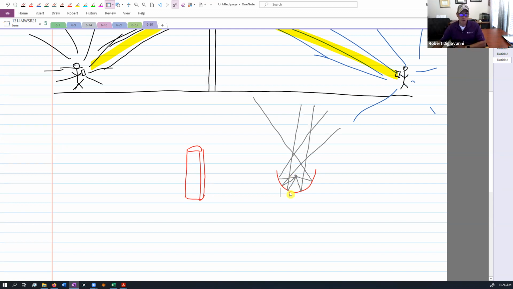Only a parabolic shape will do that. This point's called the focus. We're not going to deal with that, but we need a parabolic shape in order to make cell phone calls. That's the way it works. If you don't have parabolas, you can't do it.